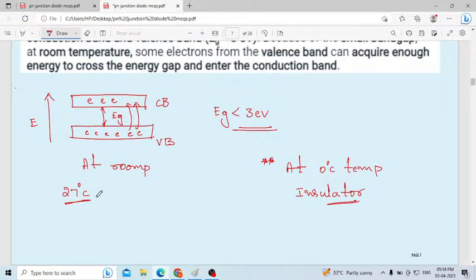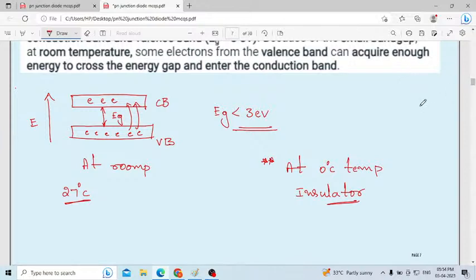At this temperature, few electrons are there in the valence band. Because of the increase in temperature, they will move to the conduction band. When the electrons move to the conduction band, they play an important role to generate electricity. Next one, what will happen in the case of an insulator?